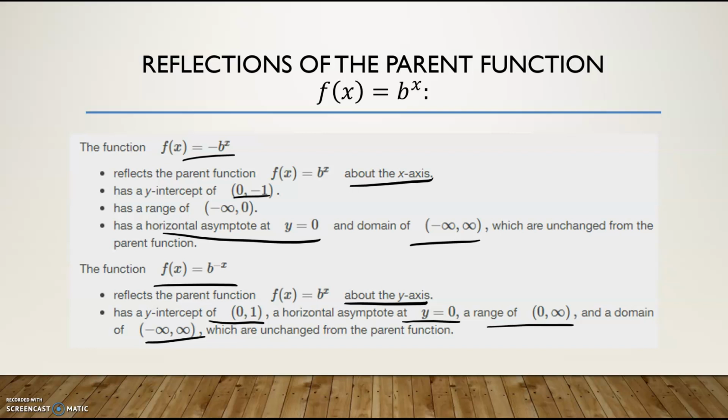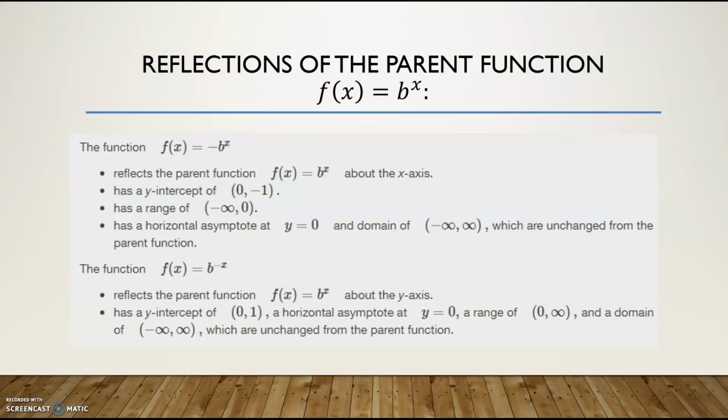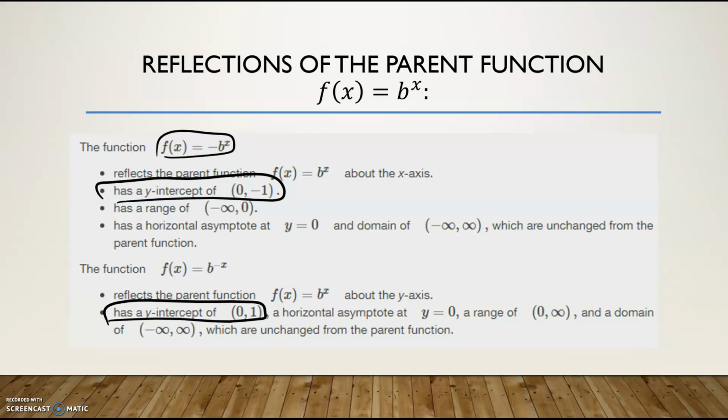Okay. Now let me get rid of all my markings. Let's think about the y-intercepts. For the parent function, we had 0, 1. But now that we have a negative in front of b, that's going to affect your y values. It's like multiplying times negative 1.